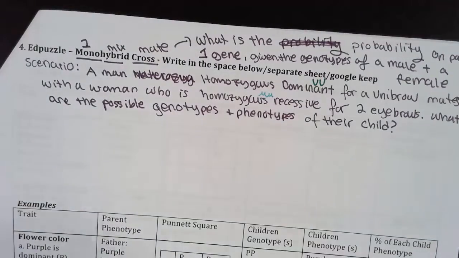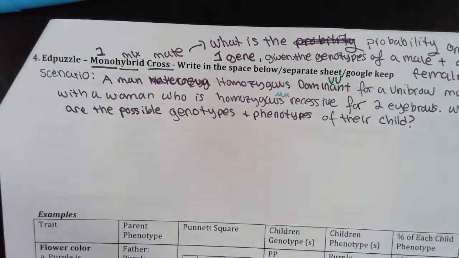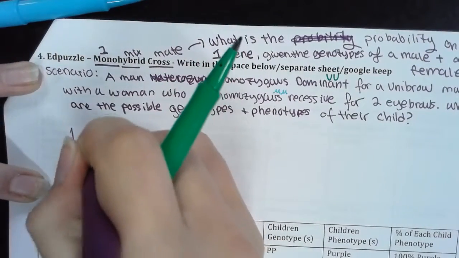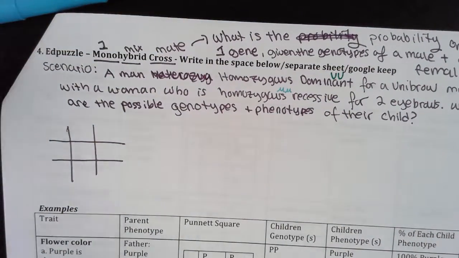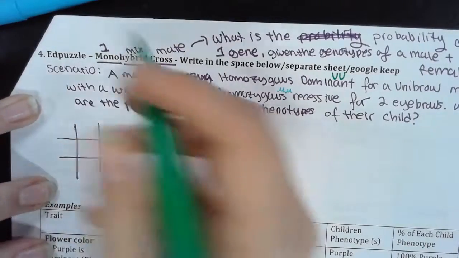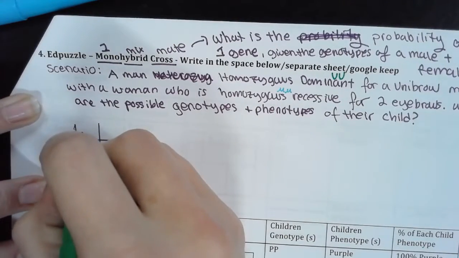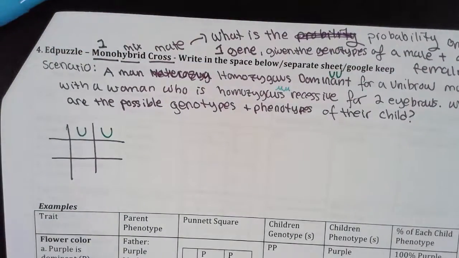Okay, now I need to complete a Punnett square. Now I put the genotypes of my parents on the top, one letter in each box for my monohybrid cross.